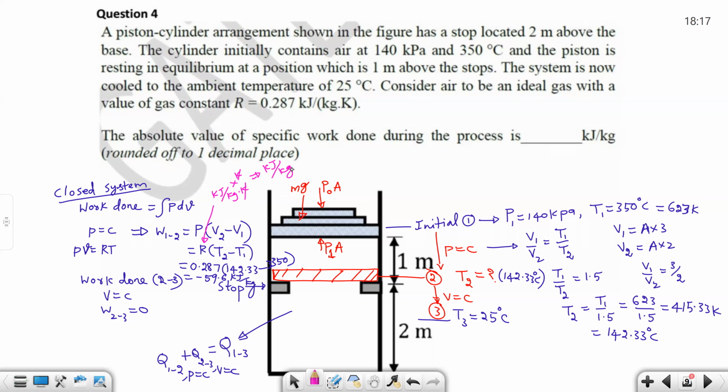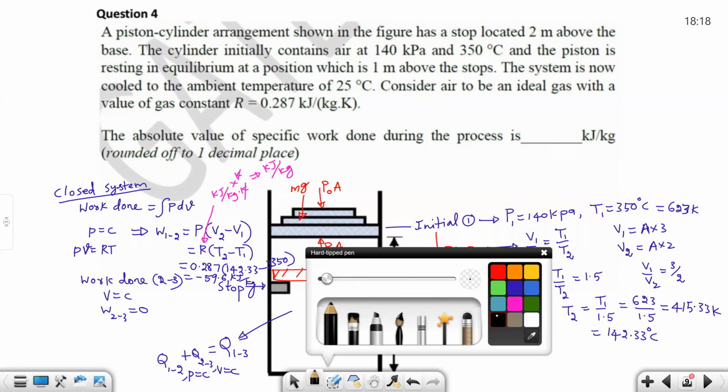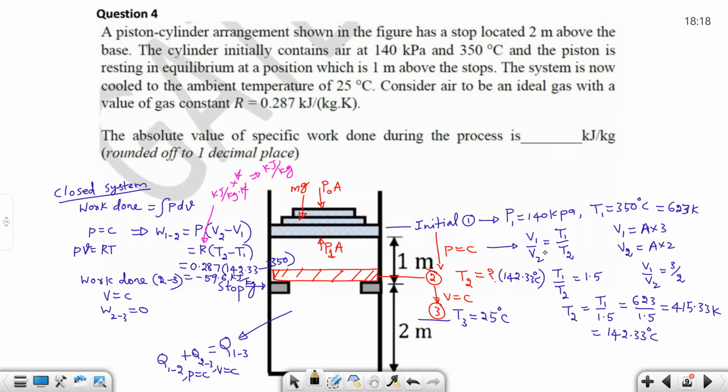So unit is important. So for the constant volume process, the work transfer will be 0. So the answer is, the negative sign indicates that the work is given into the system.